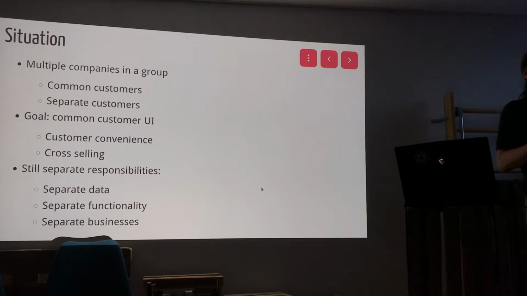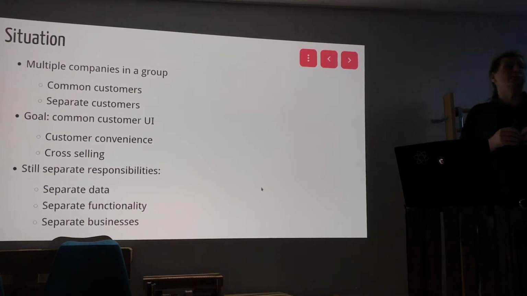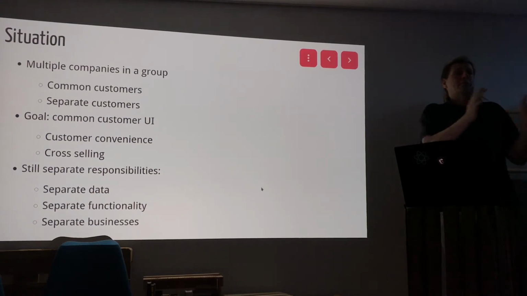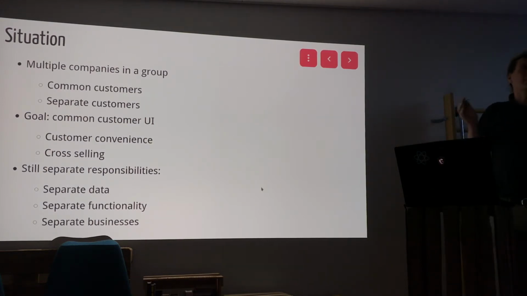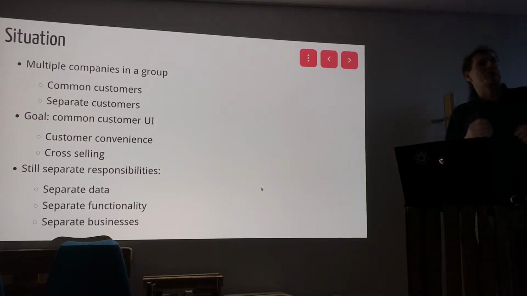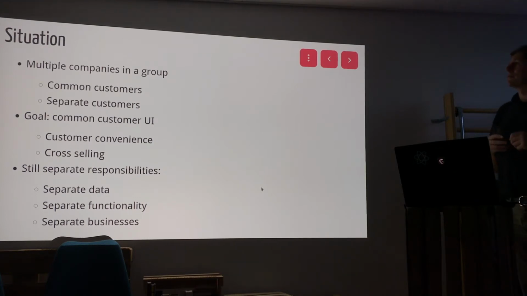The project is for multiple companies that are part of a group, and these companies have common customers, have separate customers, and up to now they have separate UIs for their customers, and they want a common UI for several purposes, so it's more convenient for the customer to use, and of course the business case is that they also want to do some cross-selling, so sell products from company A to the existing customers of company B and vice versa.